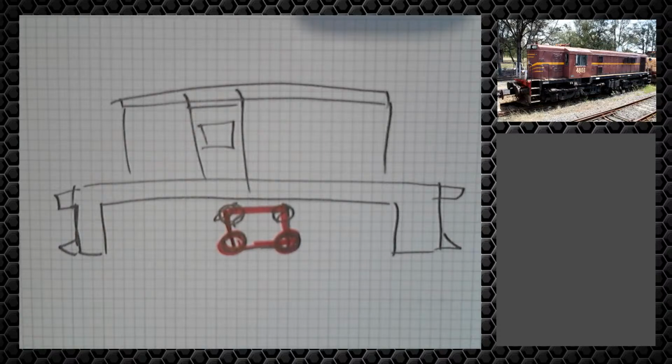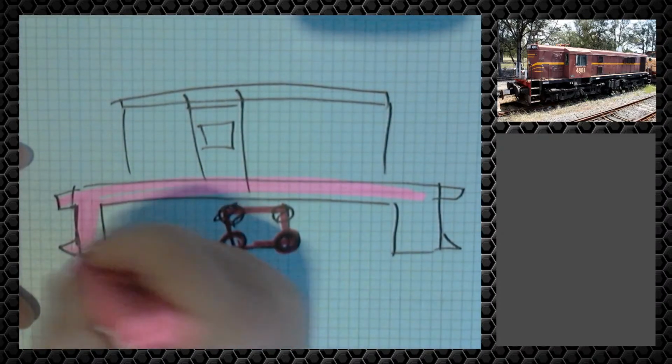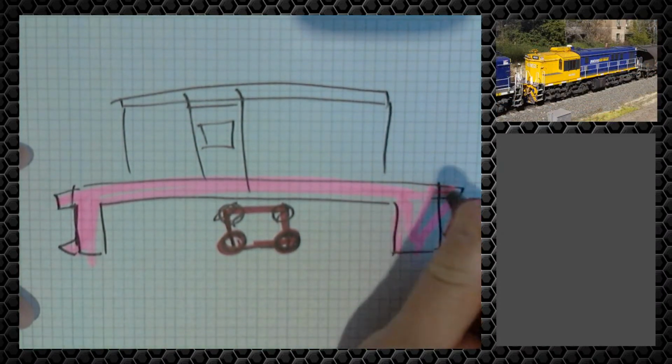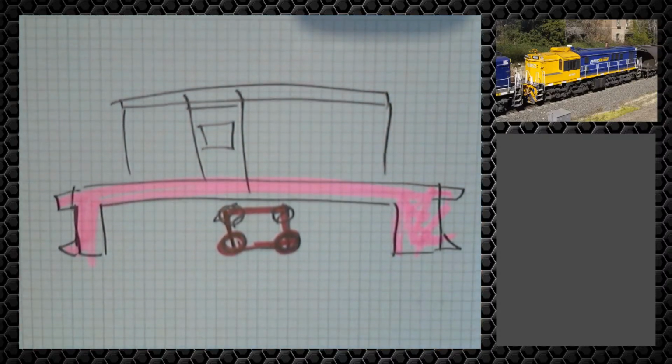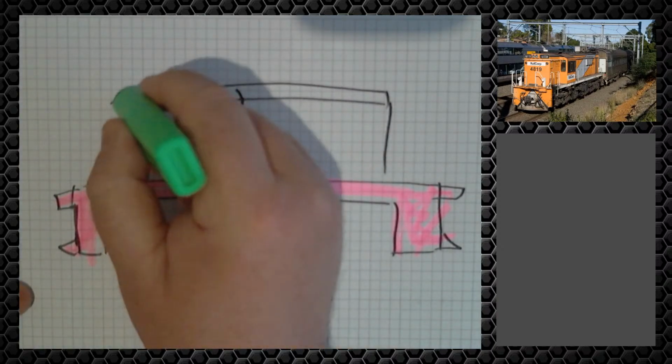Bring out the highlighters. I'm going to have this as one piece. I want the main body, that being cab the whole lot. I want all in one piece.